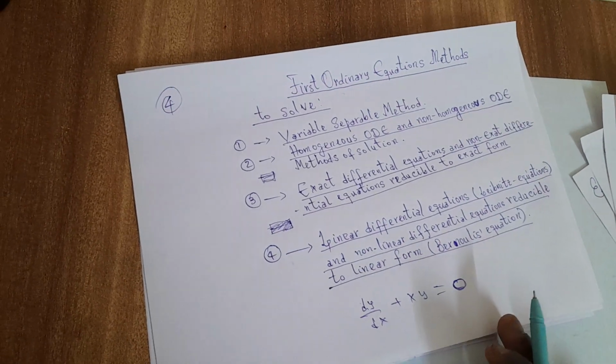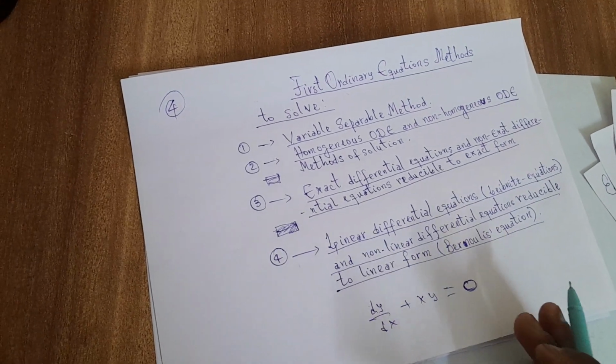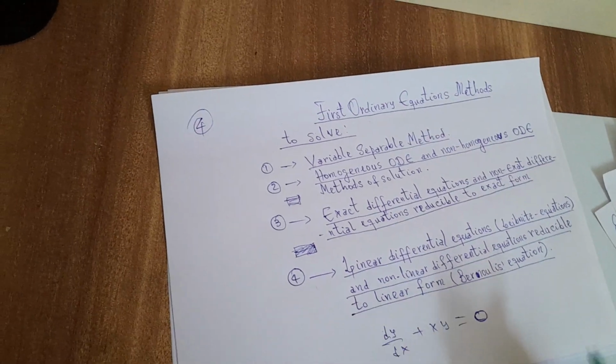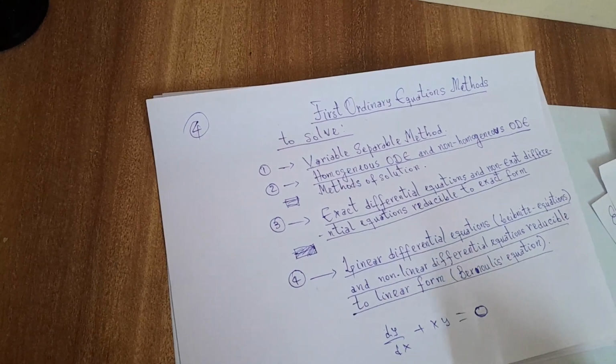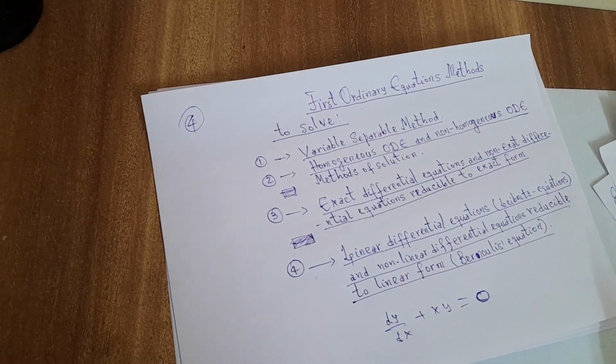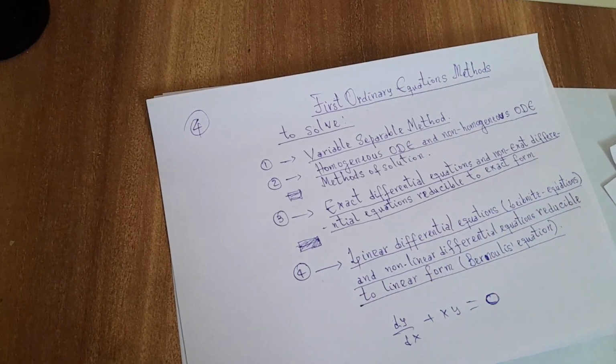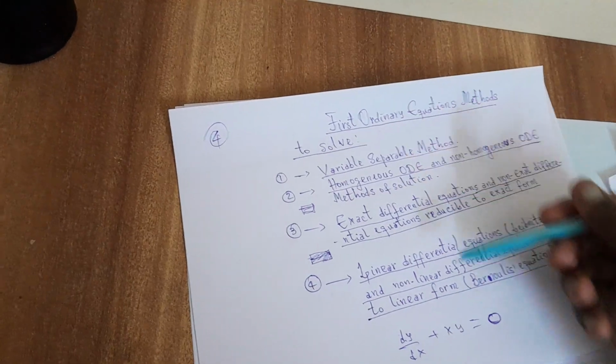We have many ways to solve these kinds of equations. The first thing is just to understand the nature of this equation. Then we can solve it by any method that we can find here.